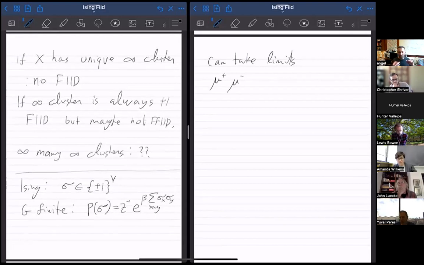So you truncate the graph and put either plus or minus outside, or you can take free boundary conditions. So these are plus, minus, and free boundary conditions, and these things exist. In the case of Z^d, or the amenable case, the free measure is just a mixture of the plus and minus boundary conditions.